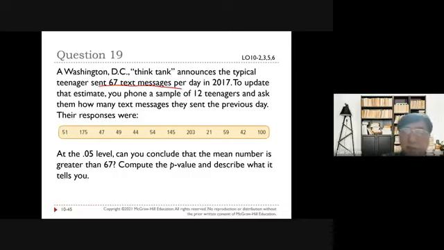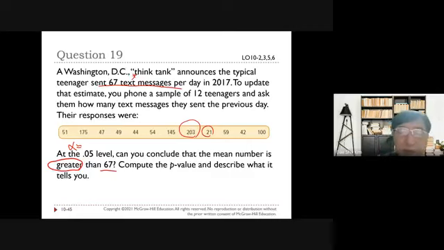Some students sent a lot, very much, so the deviation is very large, and alpha is 0.05. Can you conclude that the mean number is greater than 67? It's a one-tail problem, and 67 is the old historical estimate. With the internet developed and mobile phones more popular, everybody has one.